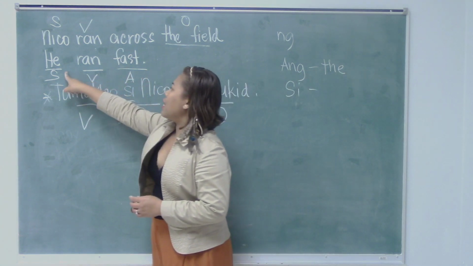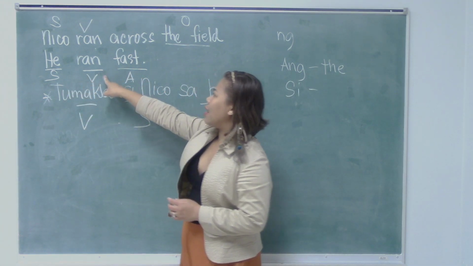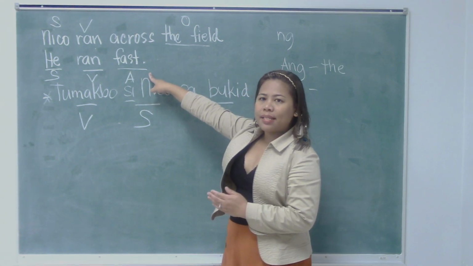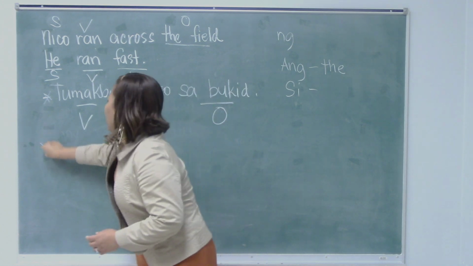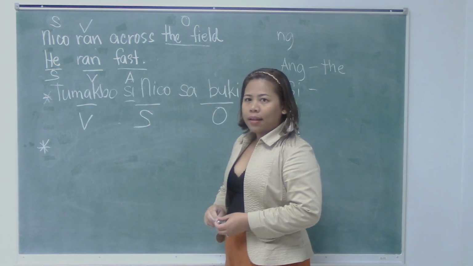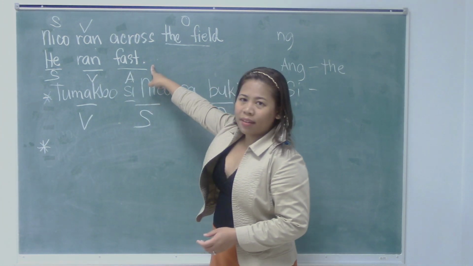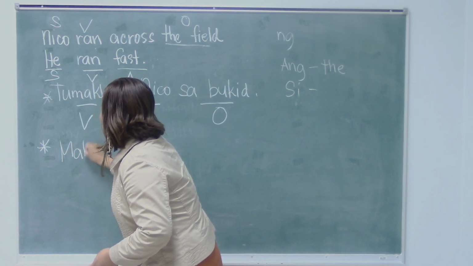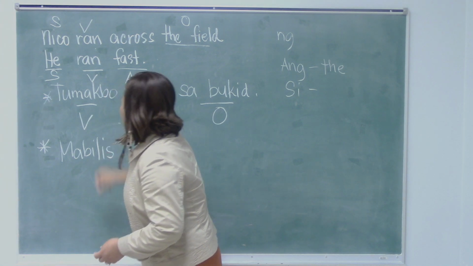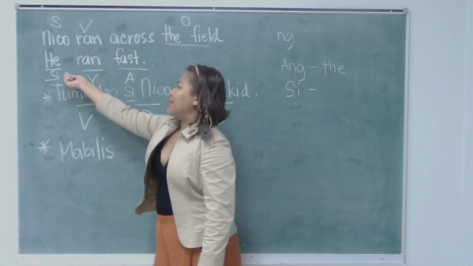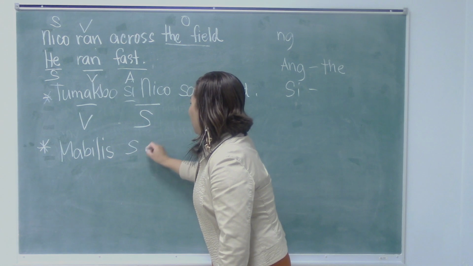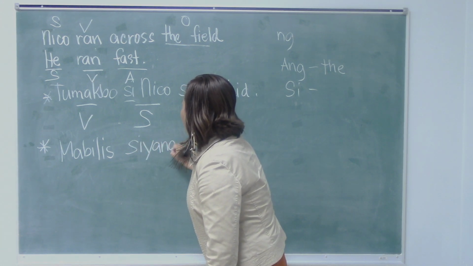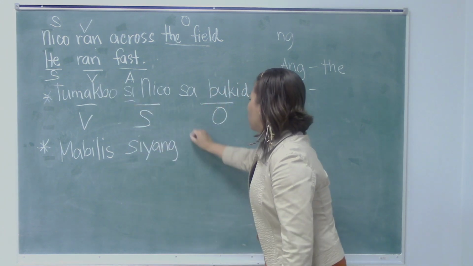So, he is siyang, ran is tumakbo, and fast is mabilis. If you are going to translate that in Filipino, I would start with the adjective. So I would say mabilis siyang, and then ran is tumakbo.